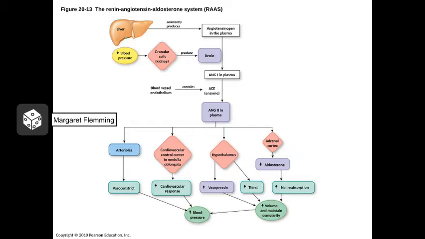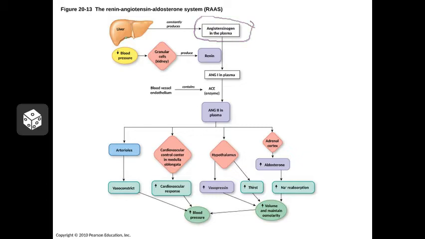This flow chart demonstrates the renin-angiotensin-aldosterone system, or RAAS. Angiotensinogen is a precursor to angiotensin. It is constantly produced by the liver.